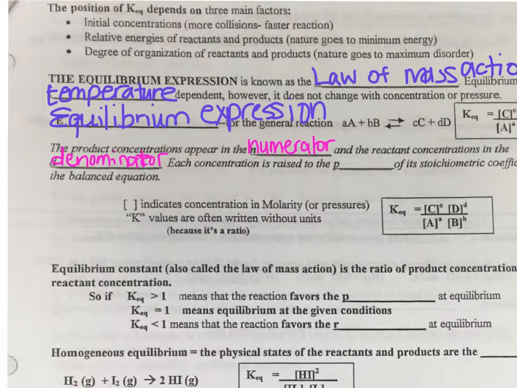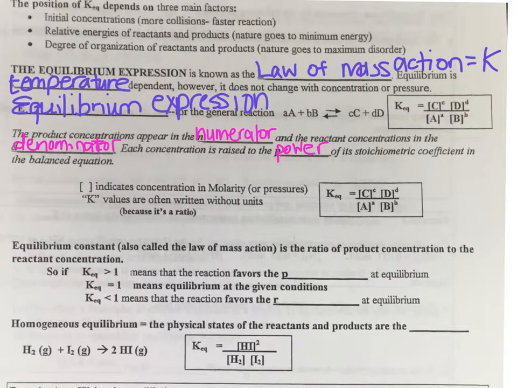Okay, each concentration is raised to the power of its coefficient. All right, but in the end, the general outline is K is equal to concentrations of products over concentrations of reactants to their coefficients.